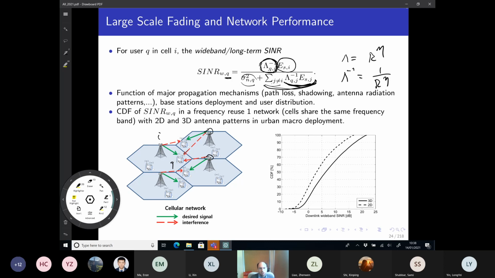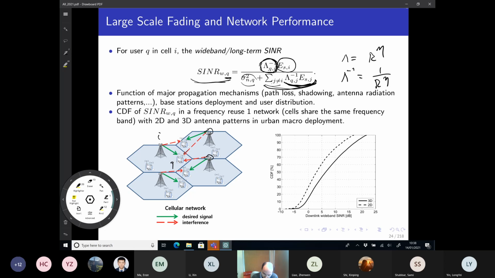So this is actually something you can look at, and you can draw a CDF of this, a cumulative distribution function of this. Once you drop many users in a network like this, depending on the distance, you're going to have a different path loss. The shadowing will be anyway random, and so once you drop many users, you can compute the SINR for each of those users, and then you can compute the CDF of the SINR.